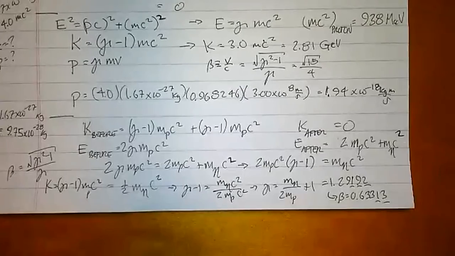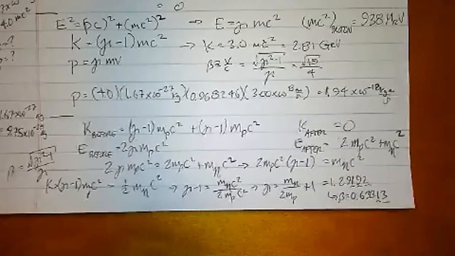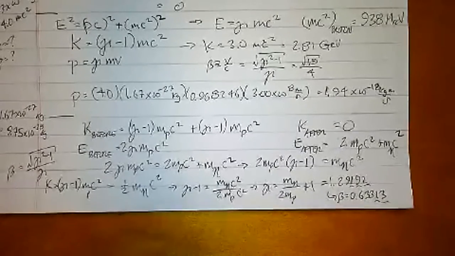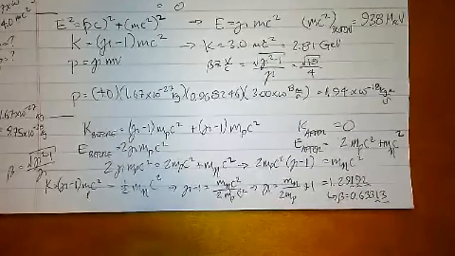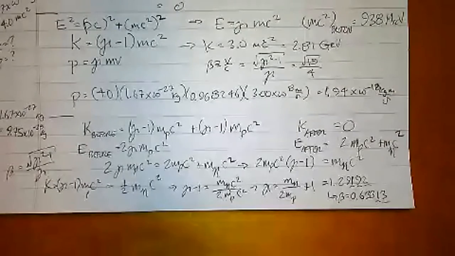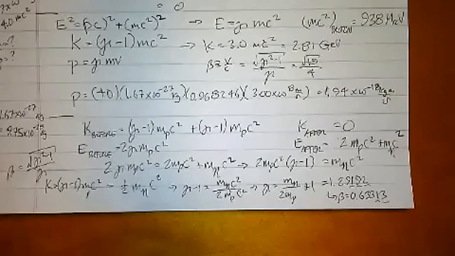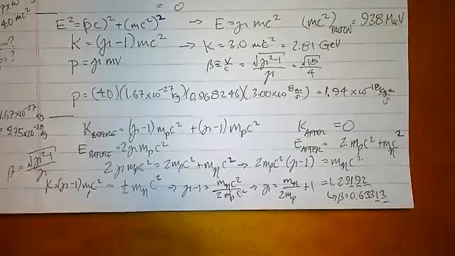Wait, what was the 1.06 you said? Okay, what I did was convert to electron volts instead of joules, using 1.602. That was the problem. You were doing it in joules. Remember, the 10 to the 6 means mega, so that's why it's mega electron volts.